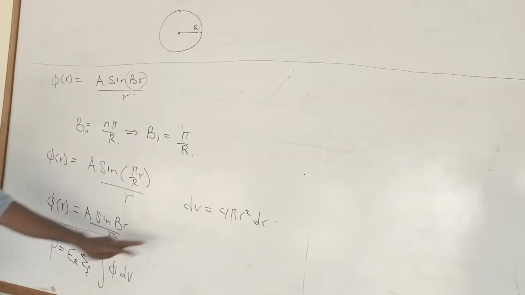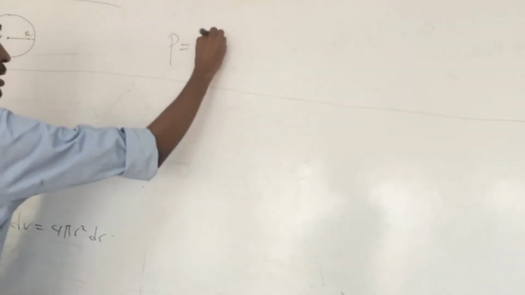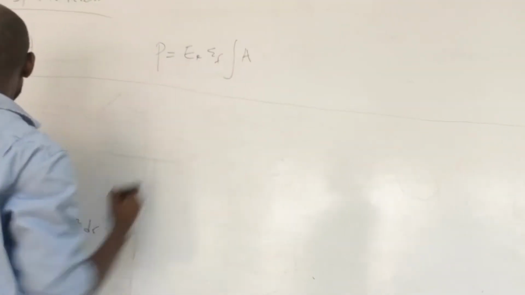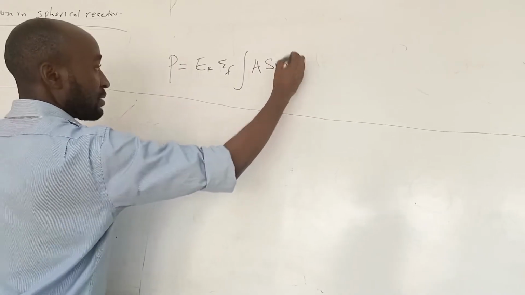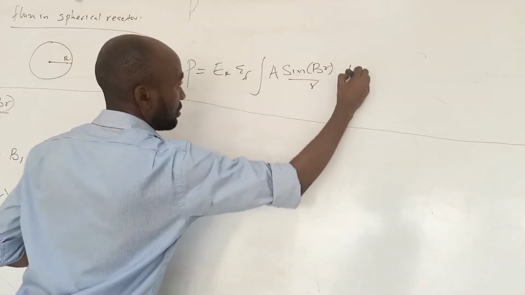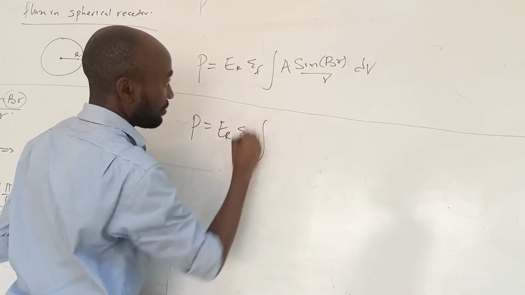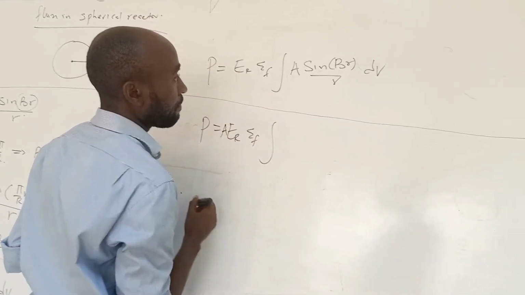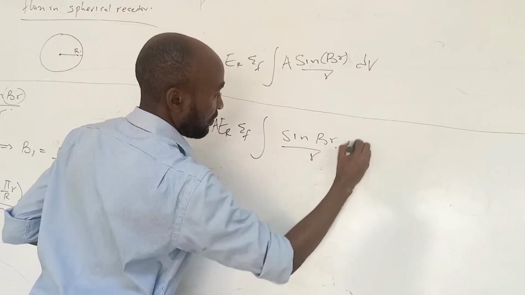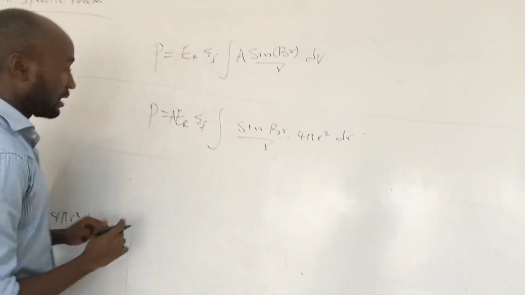So we can put this here to get what we want, which is P is equal to ER EF A sine Br over r dV, which is P equal to ER EF A sine Br over r, 4 pi r squared dr. One of the r's will cancel out.